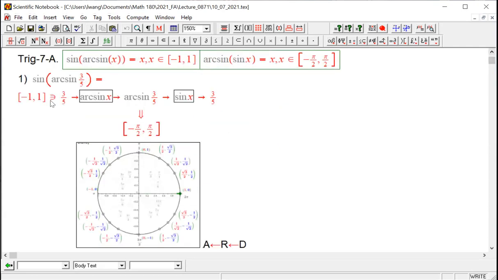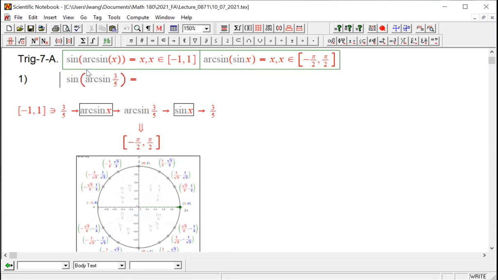The property we just got says sine of arcsine 3/5 equals what, right? If you look at the first property here, the sine matches the sine, arcsine matches the arcsine, knowing how it works. And if we apply this property, it says if x is between -1 and 1, and 3/5 is between -1 and 1, therefore this property already tells us it's 3/5.